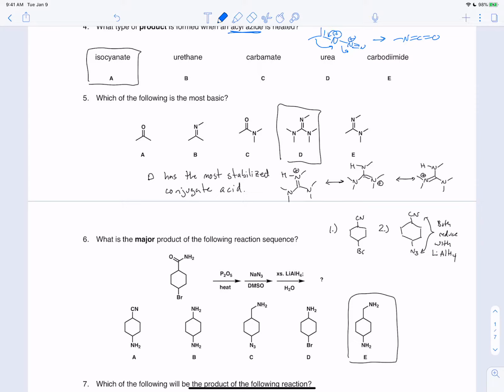Very strong bases end up having very stable conjugate acids. They get to a happy state after they take a proton from something. And we can probably immediately get rid of something like A, because oxygen will be less able to stabilize positive charge relative to a nitrogen-containing molecule like an imine.